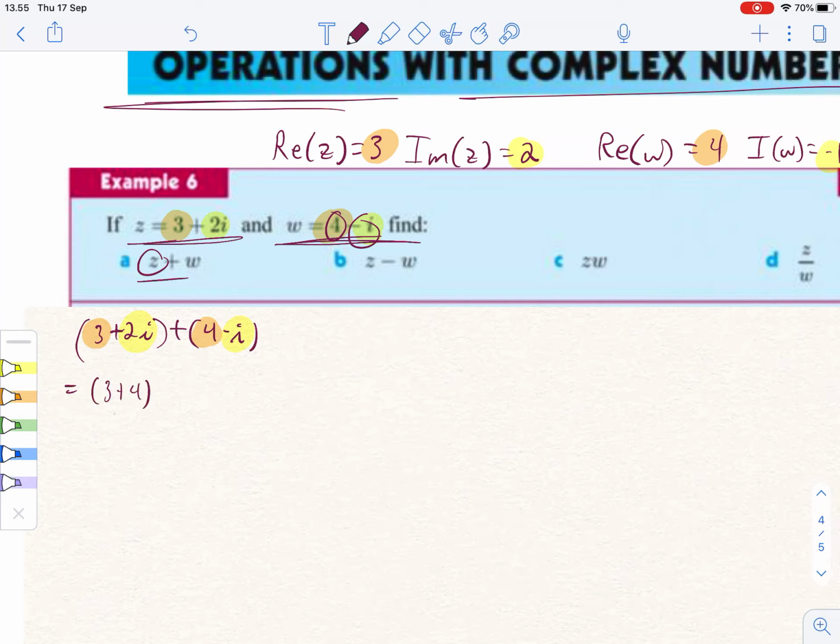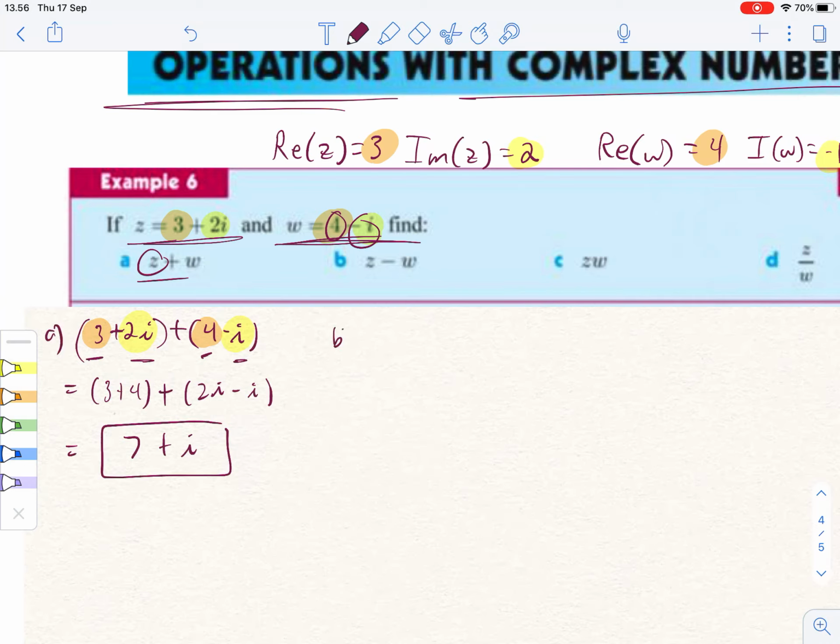So that gives me 3 plus 4 plus 2i minus i, which gives me 7 plus i. And there you have it. So the point here is to make sure you add your real terms and add your imaginary terms.